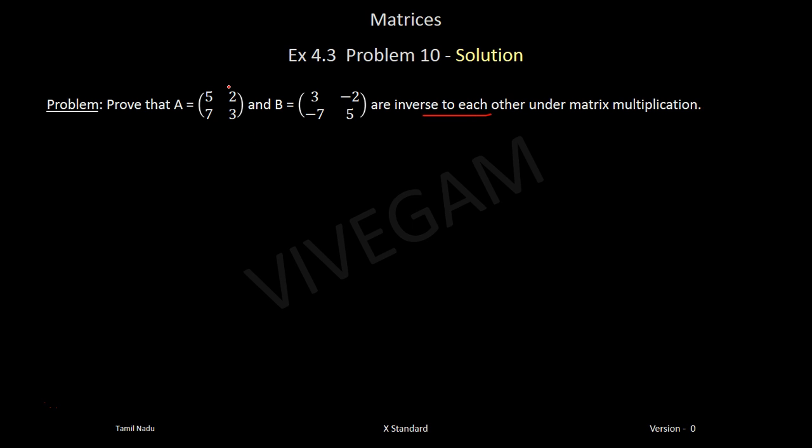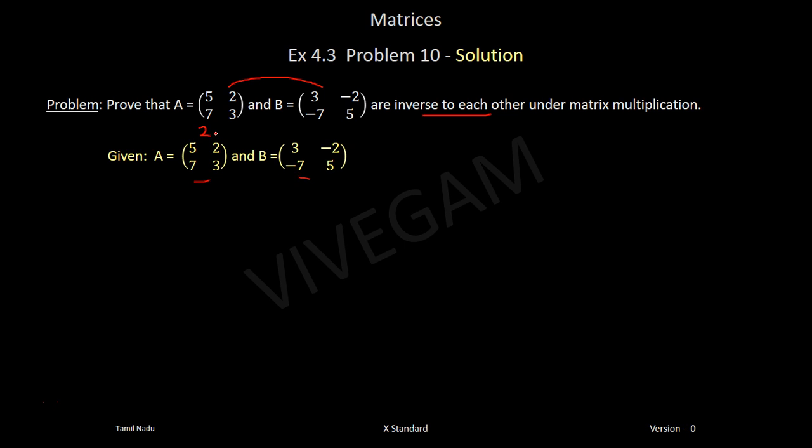So what we need to do is multiply this matrix with this matrix and see whether you get the identity matrix. Similarly, then you have to multiply this matrix with this matrix and see whether you get an identity matrix. So matrix A is given, matrix B is given. Is this matrix multiplication defined?